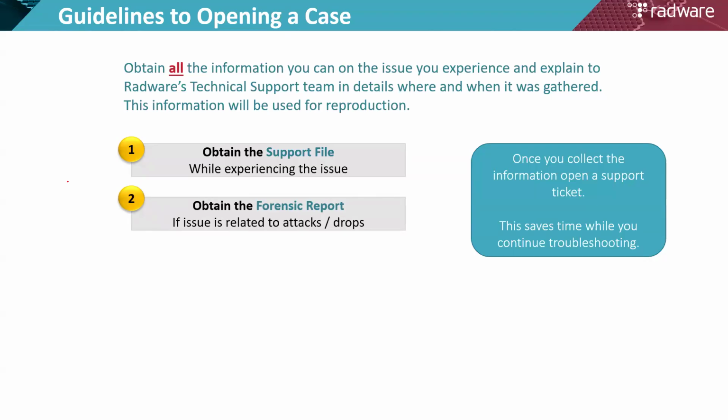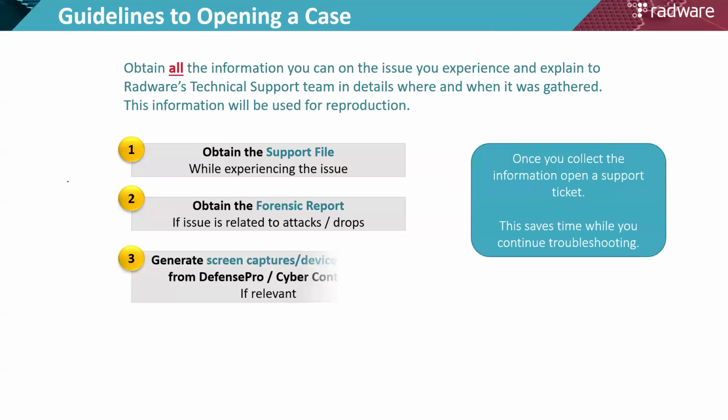Collect some basic information related to the Defense Pro device, like what is the current software version, and what is the CPU and memory utilization at the moment. Create some packet captures, which can be stored and submitted via the support case. Create a forensic report, create a normal report, and whatever troubleshooting that you have done, describe that to us.